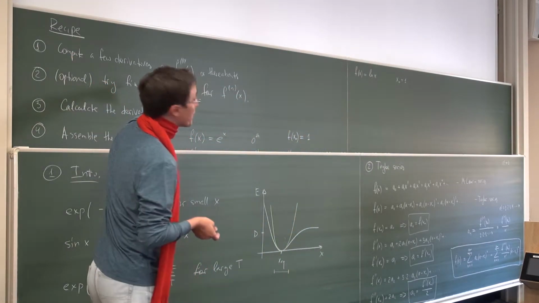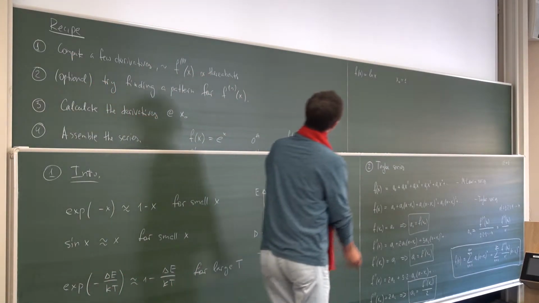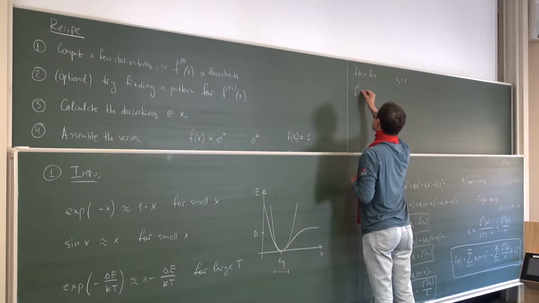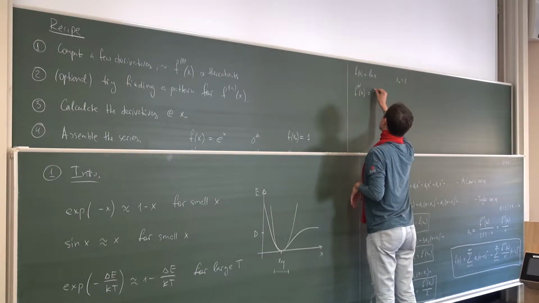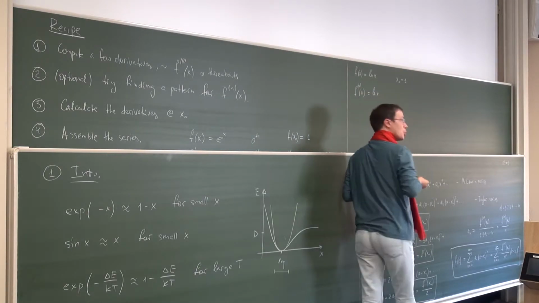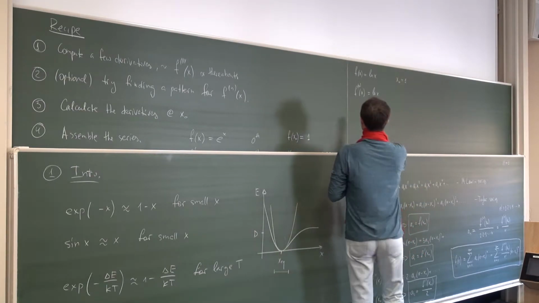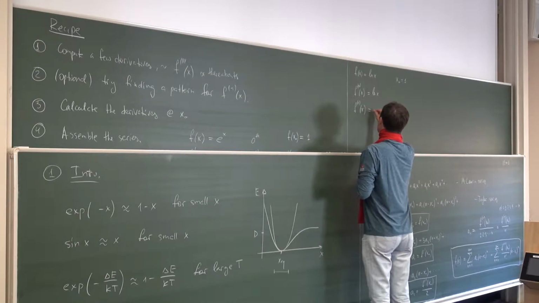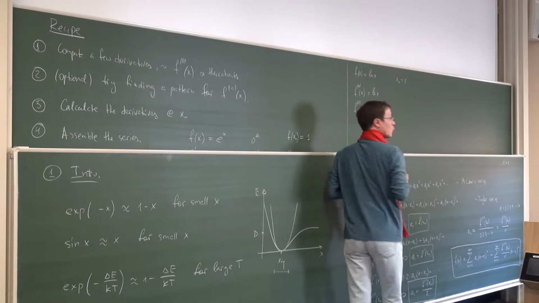Compute a few derivatives. So let's start differentiating. The zeroth derivative of x is just log x. We don't do anything. First derivative, the derivative of log is 1 over x.